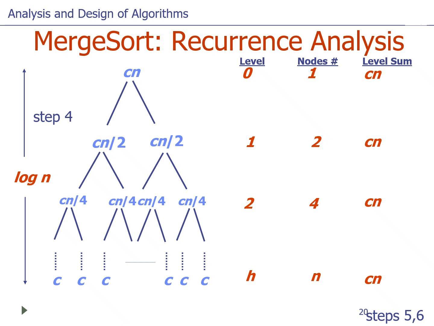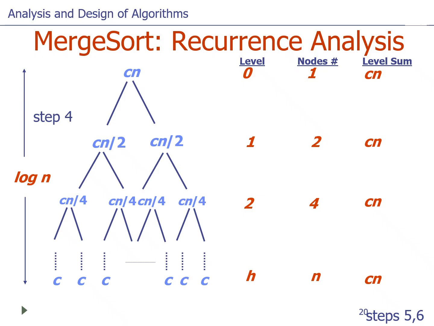I'm going to call it level H. Afterwards, I'm going to count the number of nodes in every level. At level 0, I have 1 node. In level 1, I have 2 nodes. You can just eyeball them. In level 2, I have 4 nodes. There's cn/4, cn/4, cn/4, cn/4, that's 4 of them.